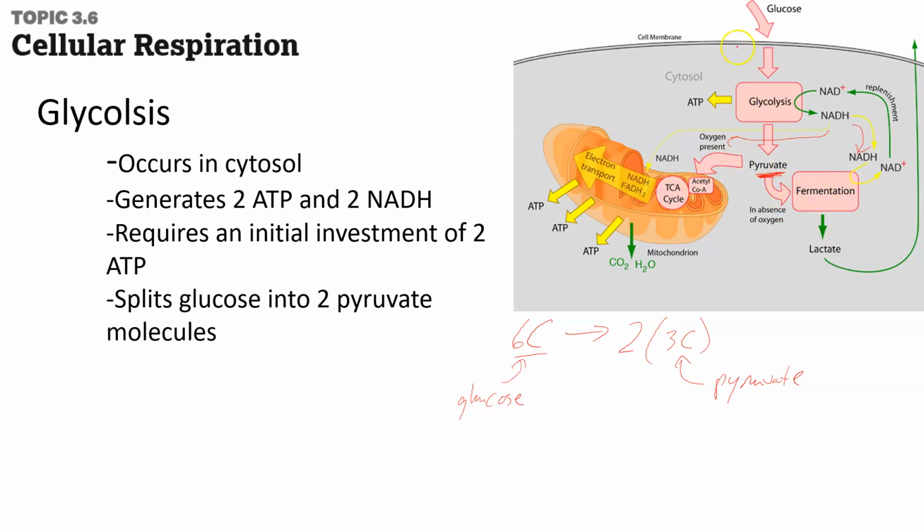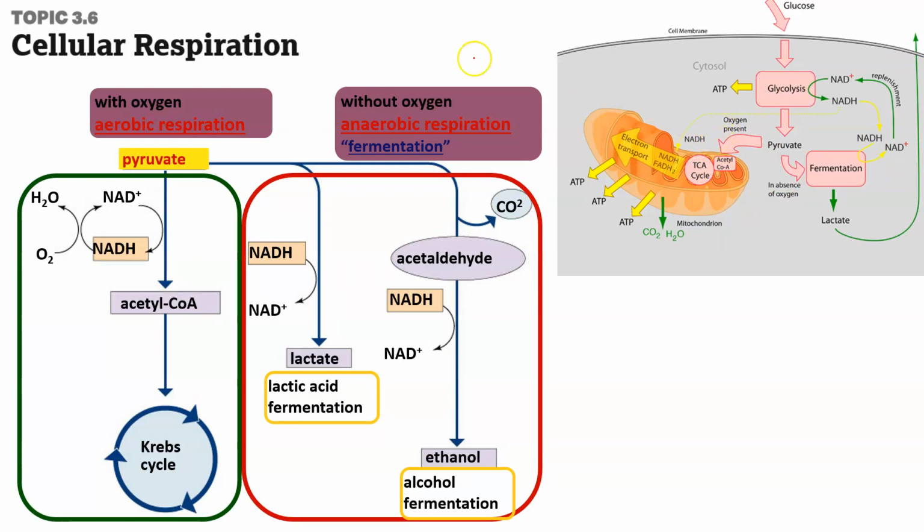You can see how this is an evolutionary process that probably existed before mitochondria had been engulfed by the cell, because it can occur outside of the mitochondria. Glycolysis occurs outside here. Pyruvate can enter the mitochondria in our next process, but first, it's got to make that decision. So this is a more detailed pathway here.